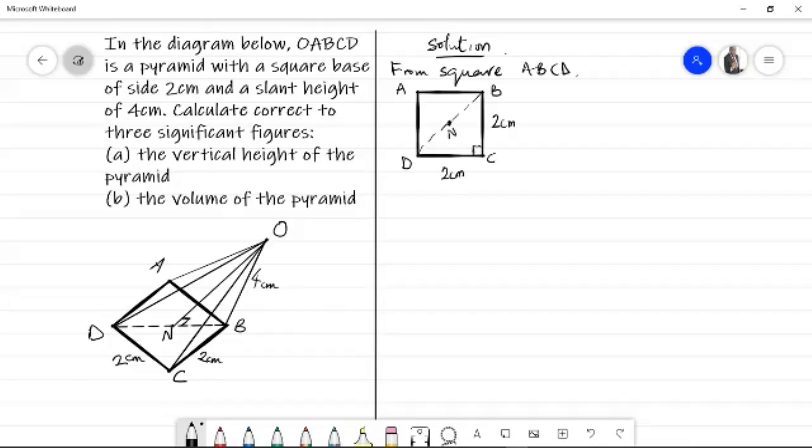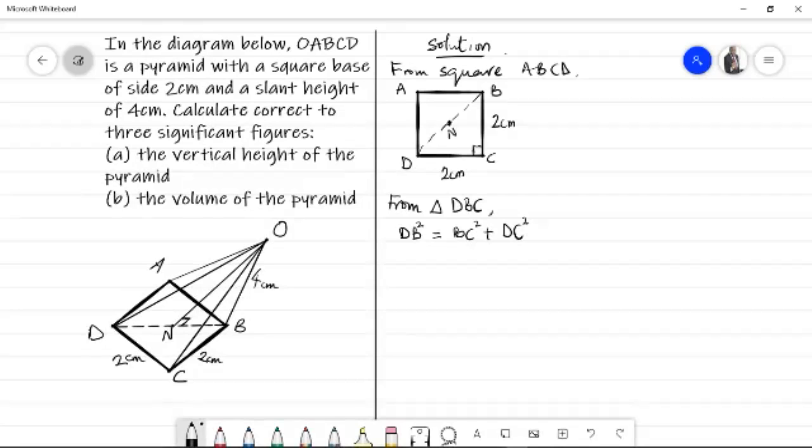So from the right-angled triangle DBC, we can all agree that DB squared is going to be equal to BC squared plus DC squared, from the Pythagoras theorem.